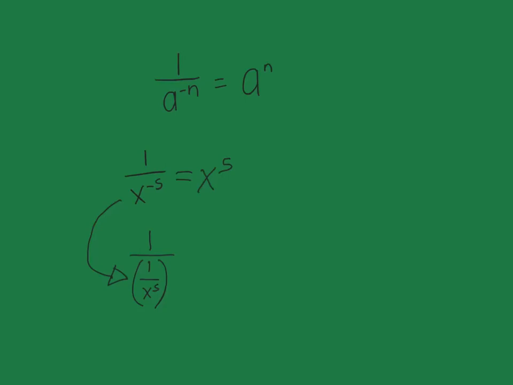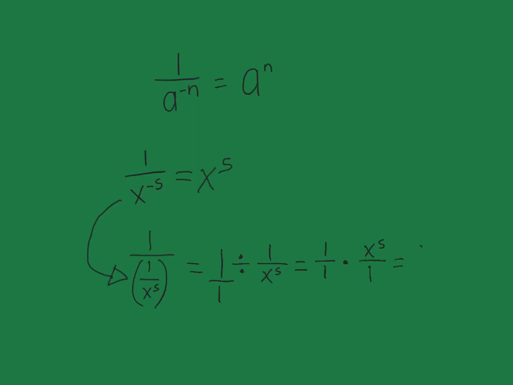So when I'm dividing fractions, I can rewrite it like this. 1 divided by x to the power of 5. And when I'm dividing fractions, remember, here I'll make this into a fraction, so I'm truly dividing fractions here. We keep the first one the same, change it to multiplication, and then flip to the reciprocal of the second fraction.